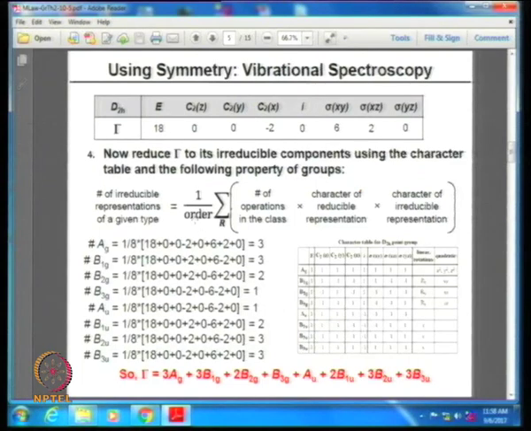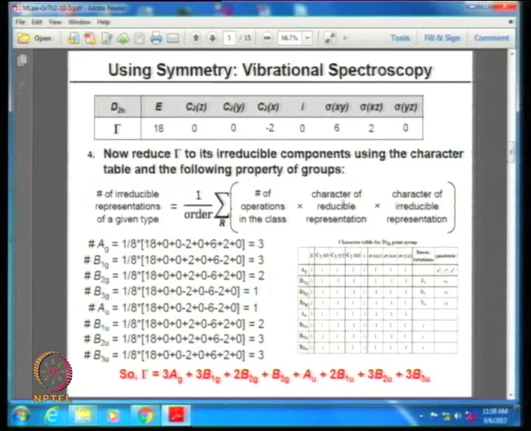So now the question is, how do we split this up into irreducible representations? We use the theorem that we were quoting today: M alpha, the weightage of a particular irrep in the reducible rep, is equal to 1 over the size of the group times the sum over classes of the number of operations in a class, times the character gamma d times gamma star alpha.